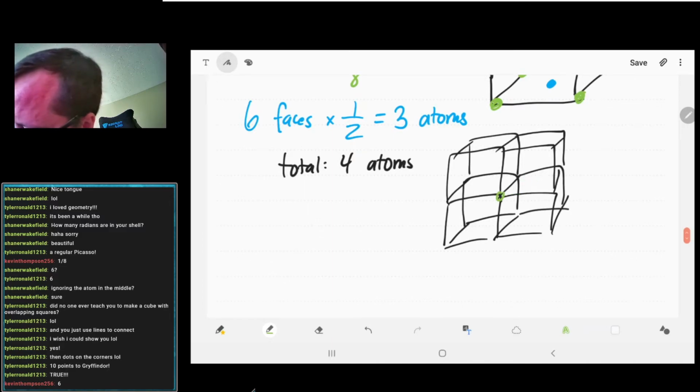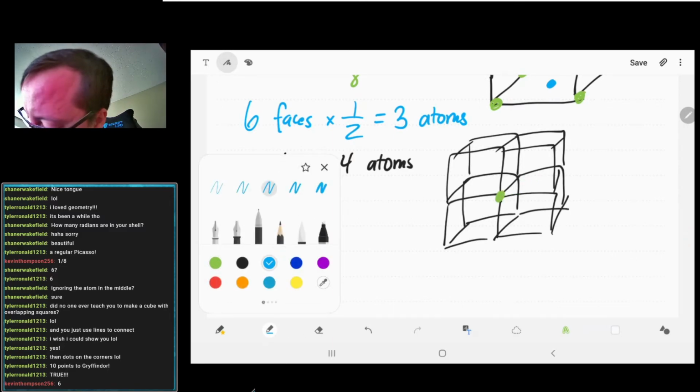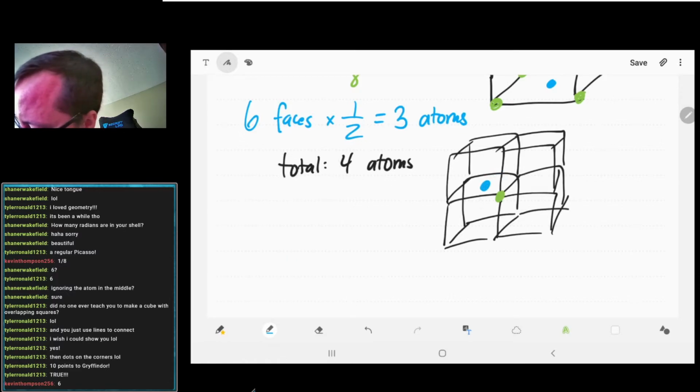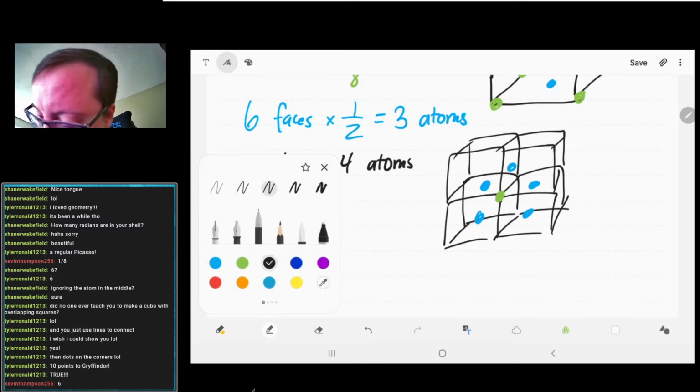We're just going to look at one green atom here. We have face, face, face, face, face. Oh, I didn't draw enough dimensions. How silly of me. Why is this so complicated?